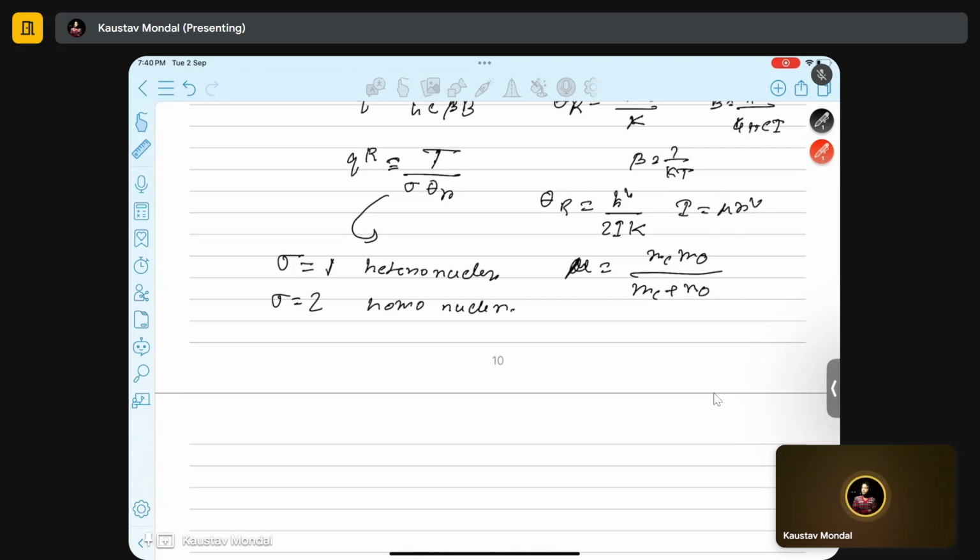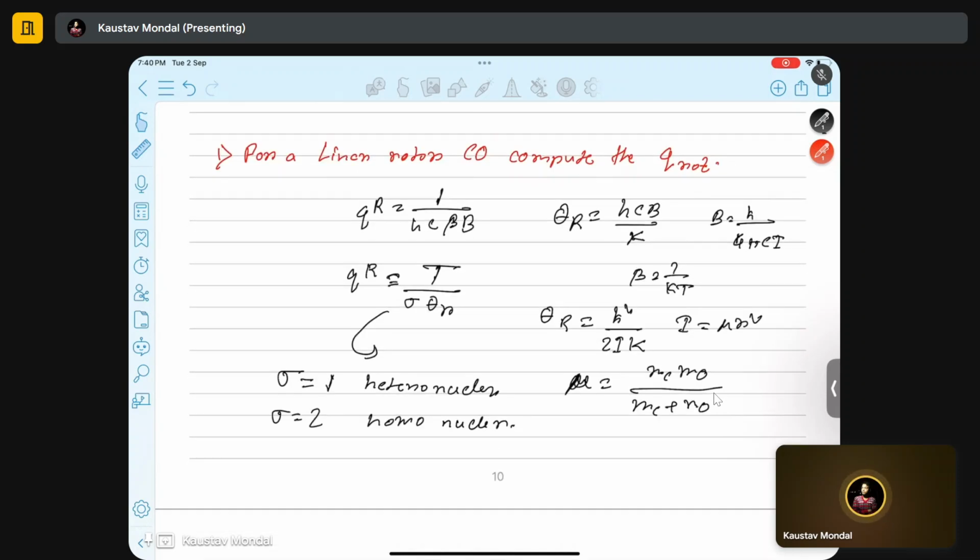For this problem, both atoms are different elements, so it is a heteronuclear system and we take sigma equal to 1. If it were homonuclear like O2 or N2, we would take sigma equal to 2.